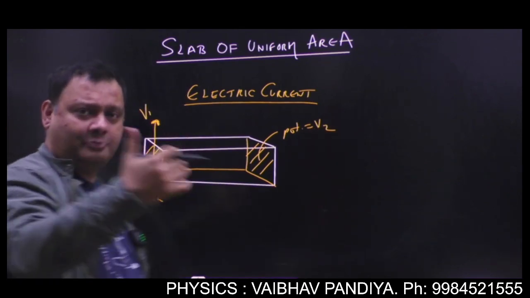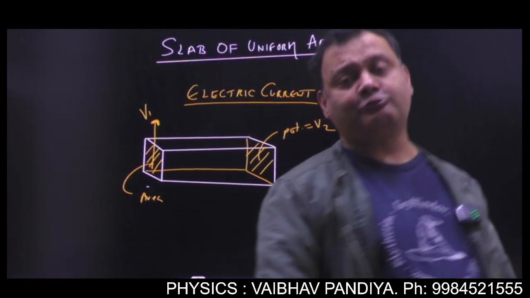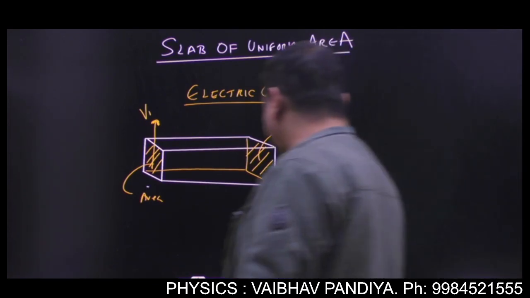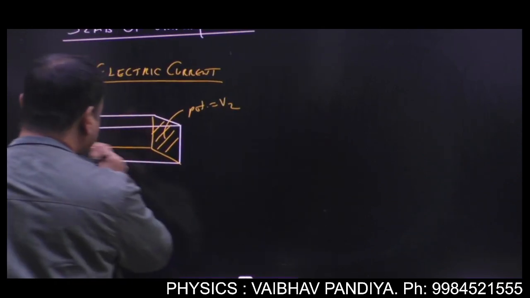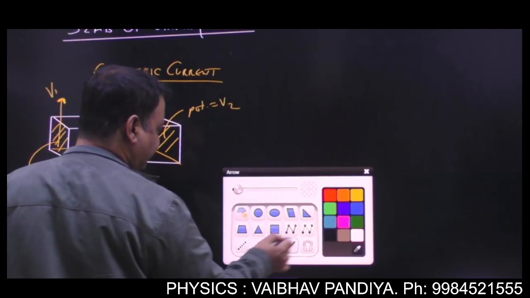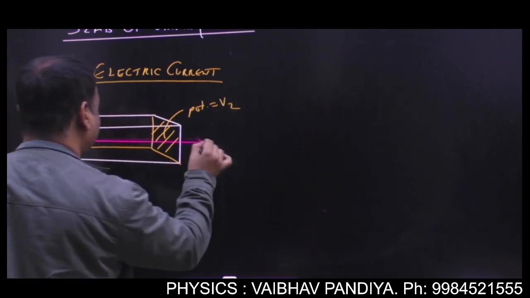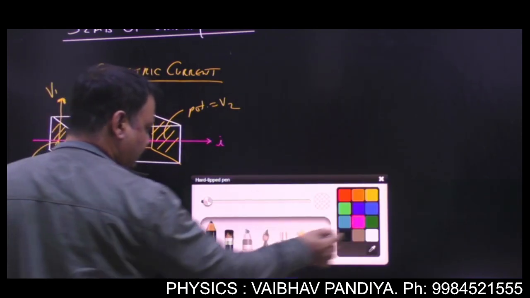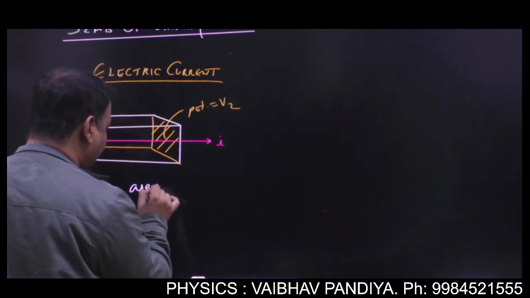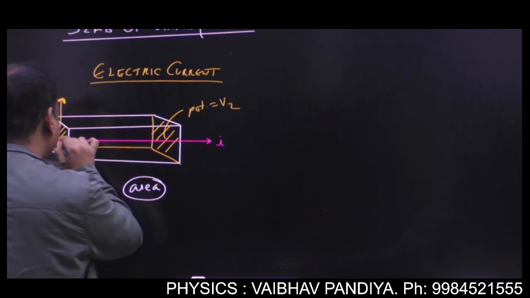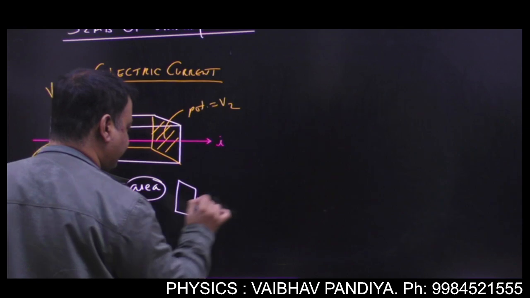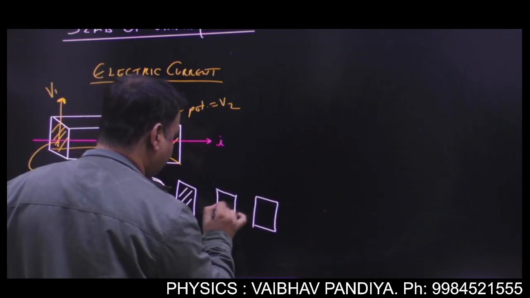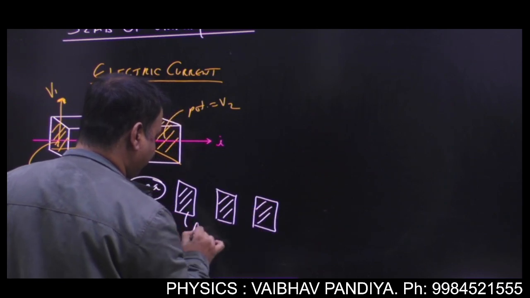So current will flow between the surfaces where there is a potential difference. So here you can see there is a potential difference between the right and the left surfaces. So current will flow like this. So what will be the area that is being crossed by the current? If this area is A, can I say every time the current is moving, it is crossing slices of area A?